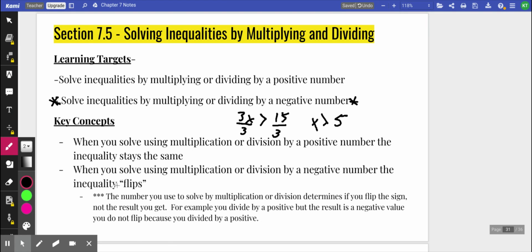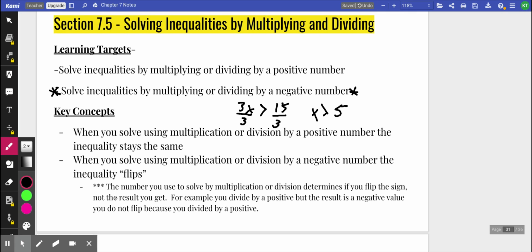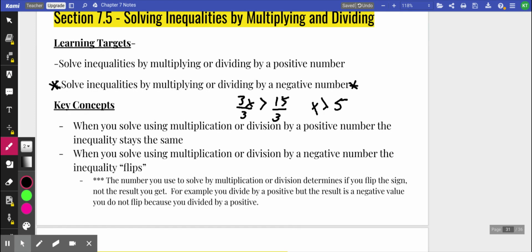So, important disclaimer here. The number you use to solve by multiplication or division determines if you flip the sign, not the result you get. For example, let's say that this was 3x greater than negative 15, right? So divide both sides by 3, and we get x greater than negative 5.